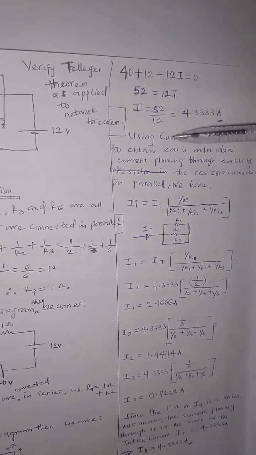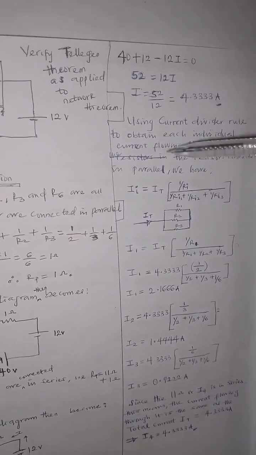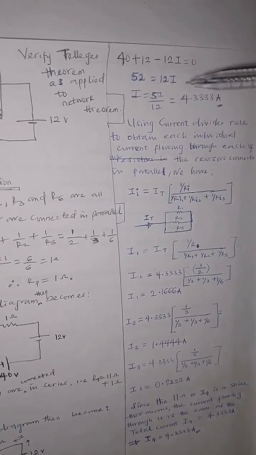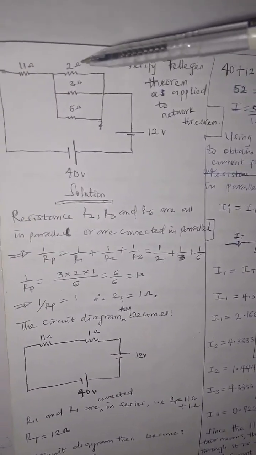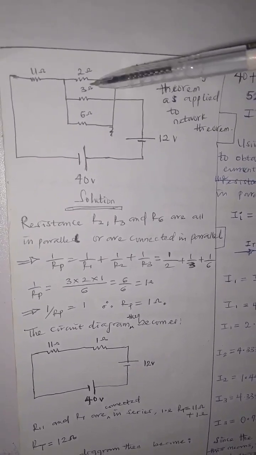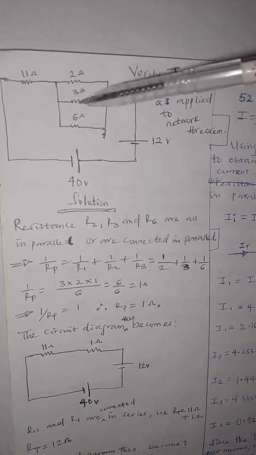Okay, so using the current divider rule to obtain each individual current flowing through each of the resistors connected in parallel. That means we are using the current divider rule to get each of the currents flowing through these, because they are connected in parallel. That will be the total current times each individual.